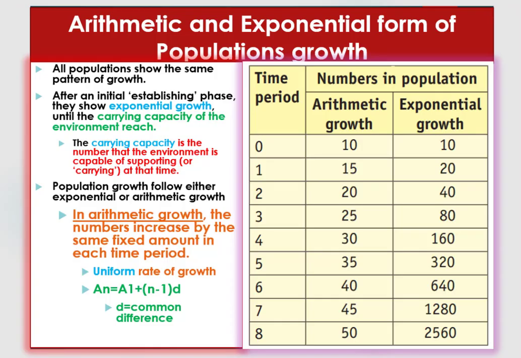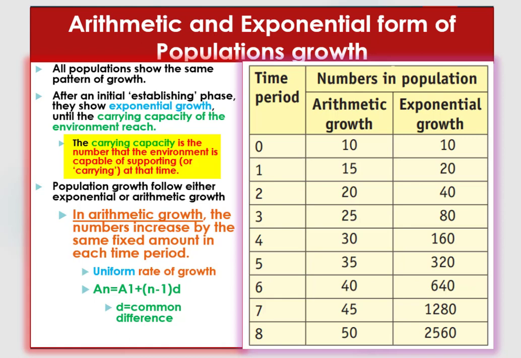How do populations grow in an environment? All populations show the same pattern of growth. After an initial establishing phase, they show exponential growth until the carrying capacity of the environment is reached. Carrying capacity means the number that the environment is capable of supporting or carrying at a particular time.